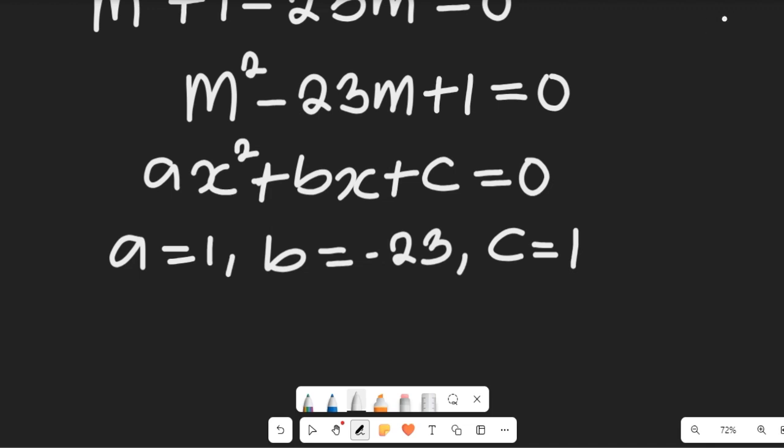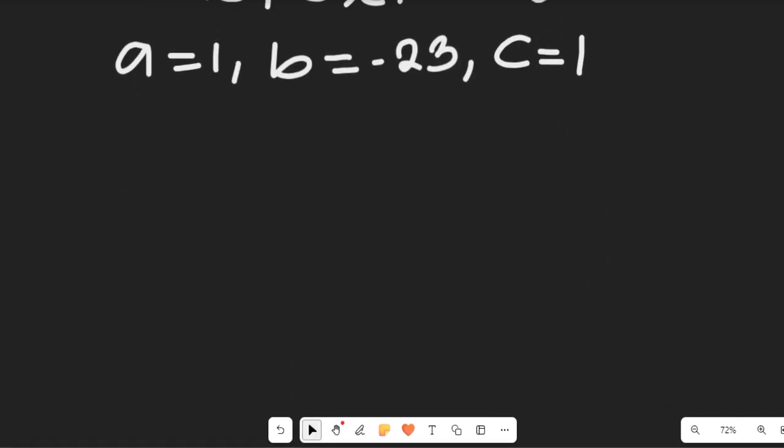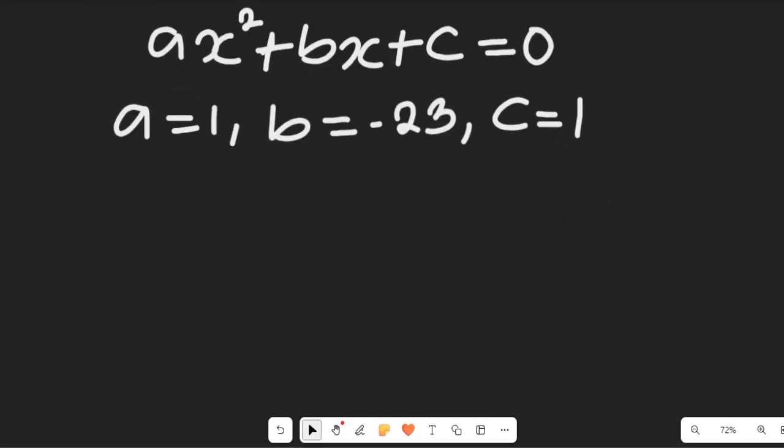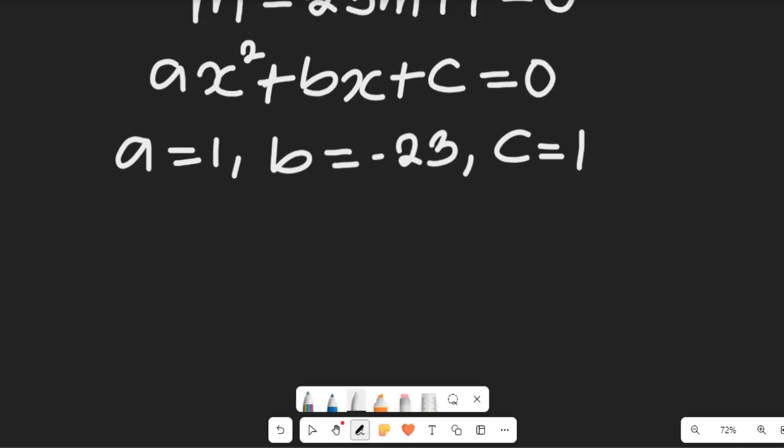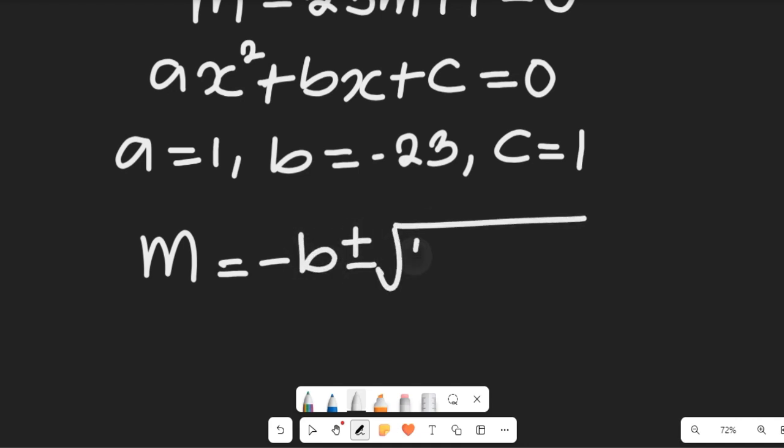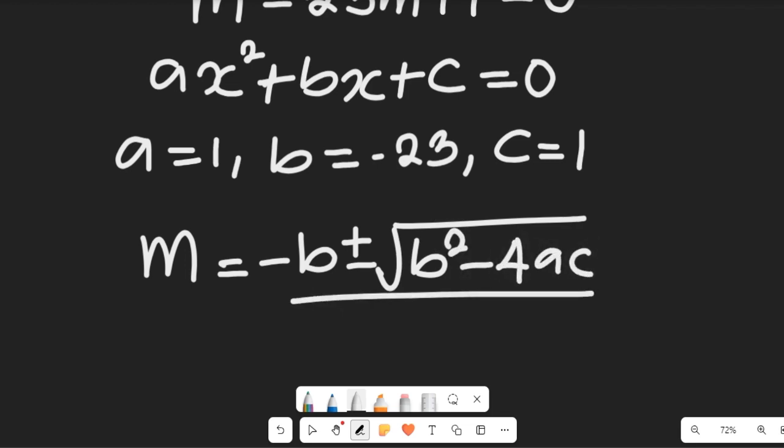So let's turn to using the quadratic formula. From the quadratic formula, our m will be equal to negative b plus or minus the square root of b squared minus 4ac, divided by 2a.